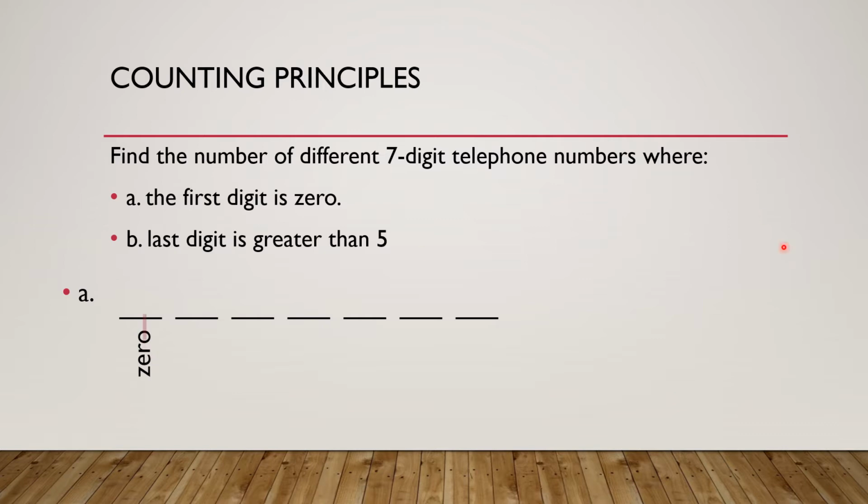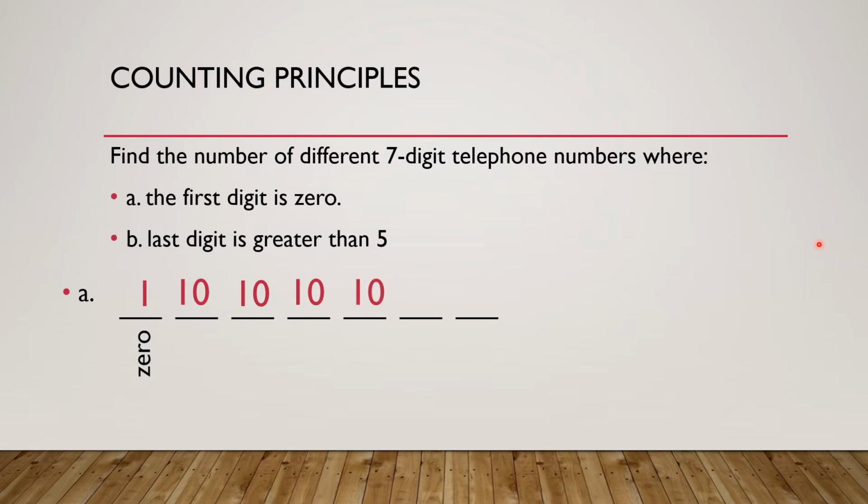There is only 1. Since this is a telephone number, repetition of numbers is allowed. Therefore, on our second digit, we can choose from 0 to 9, so there are 10 ways. For the third digit, repetition is still allowed because this is a telephone number, so we still have 10 choices. For the fourth digit, there are 10 choices.